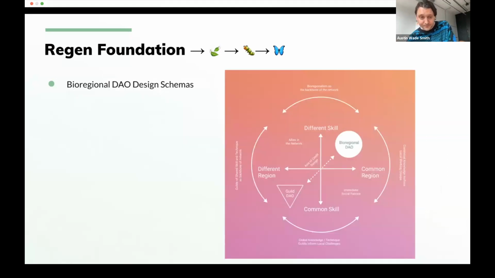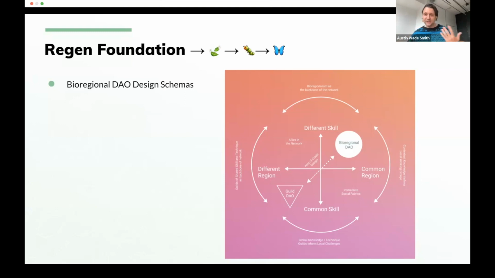Yeah, step forward. As part of that, we're working through this idea around how to make the right balance of DAO types, and how to support land-based, territory-based groups, what we might call bioregional DAOs, with what I call guild DAOs, which are expertise or domain specific, more affiliation-based rather than territory-based.